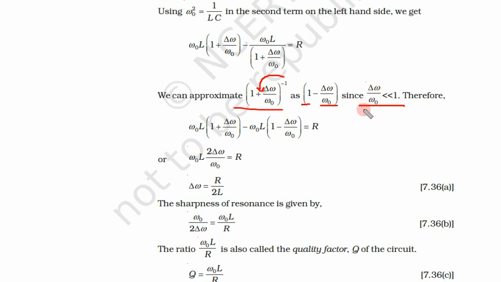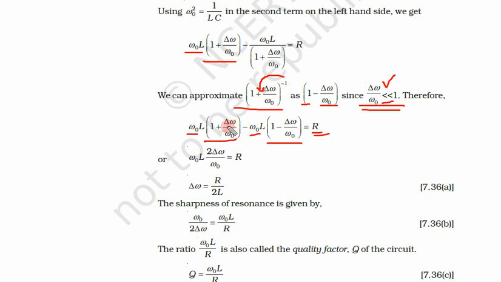Why? Because this is the condition, this delta omega upon omega naught is very small compared to 1. That's why we are able to apply the binomial theorem. So putting this binomial theorem, omega naught L, 1 plus delta omega upon omega naught, this is again minus omega naught L, and from binomial theorem what we get, 1 minus delta omega upon omega naught, must be equal to r.